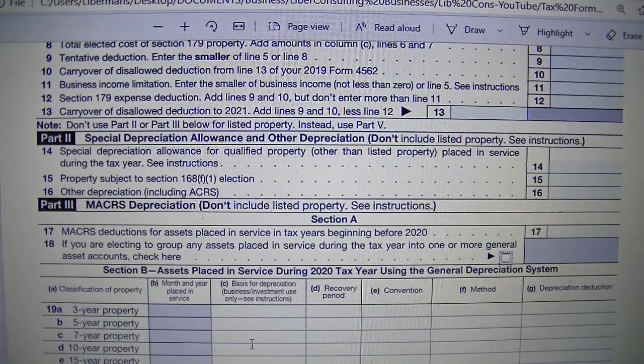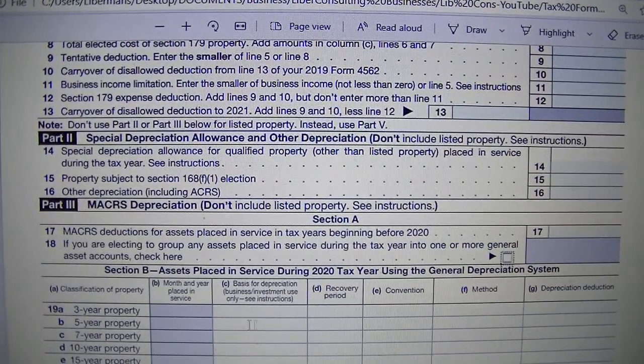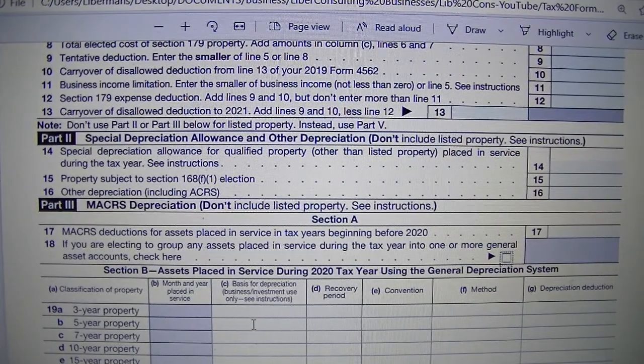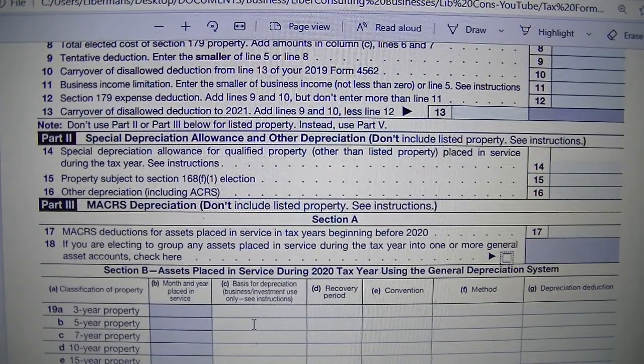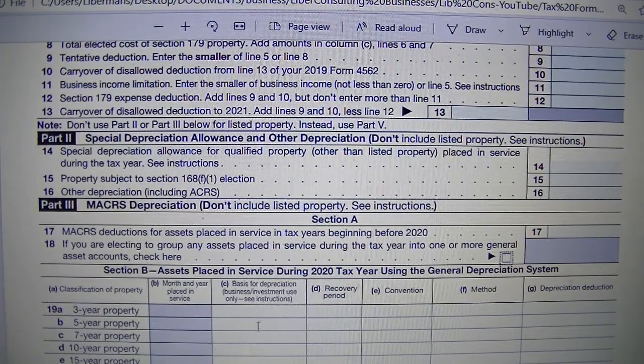You take them all out, and the remaining basis will be here. But if you didn't take any section 179 or special depreciation, and you use the asset 100% for business, then the basis will be the cost of the item.